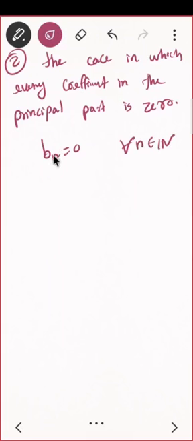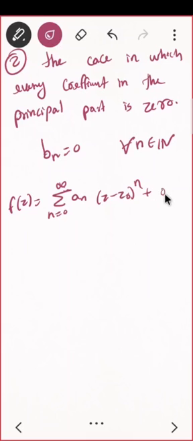Then your function will be something of this form. f of z will have only the analytic part, that is, summation n equal to 0 to infinity a_n (z minus z naught) raised to n, plus the principal part, which is just 0, so you don't have to write it. That's it.